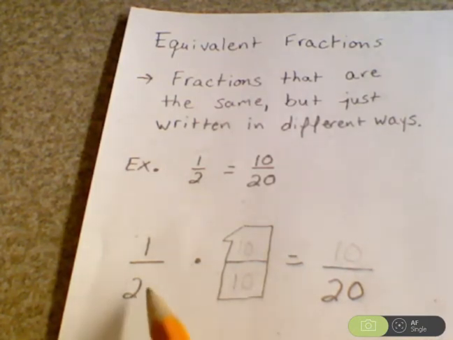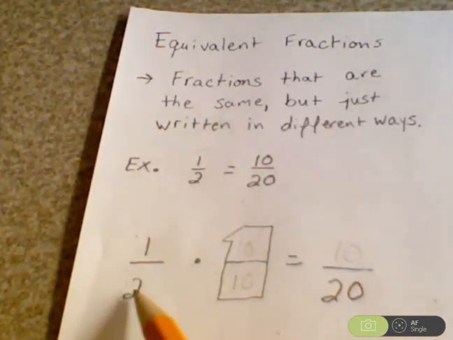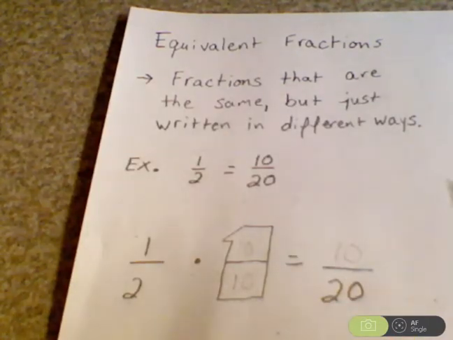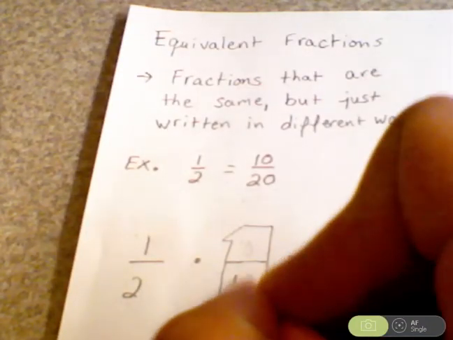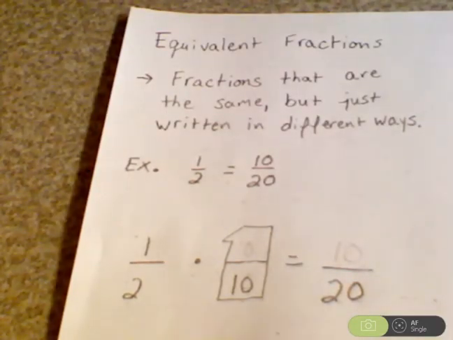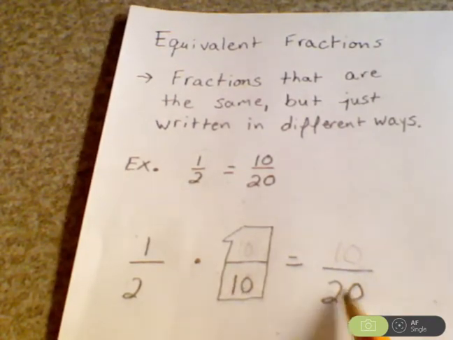Alright, here's the thought process behind this. We're going to say to ourselves, alright, if they give us this much information to find an equivalent fraction, 2 times what number gives me 20? Well, hopefully right now in your head, the number that's coming to your mind there is 10. And you are correct. 2 times 10 equals 20.